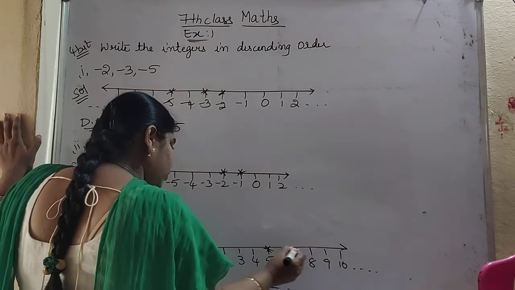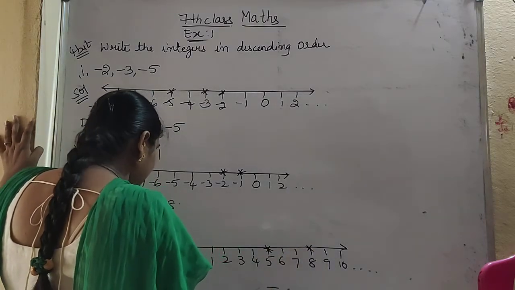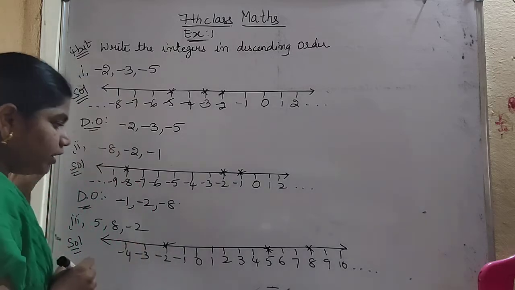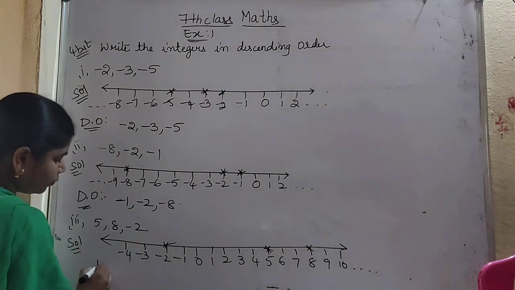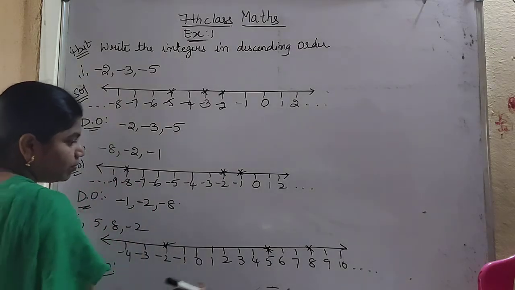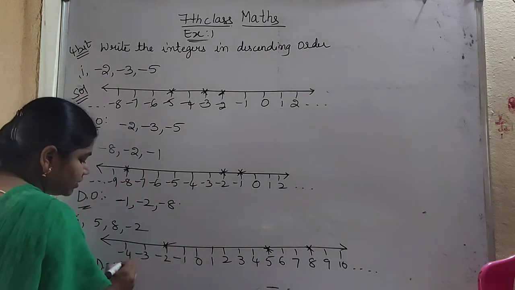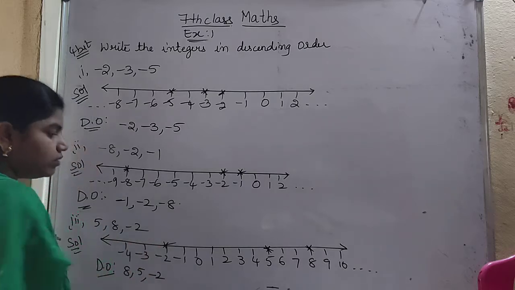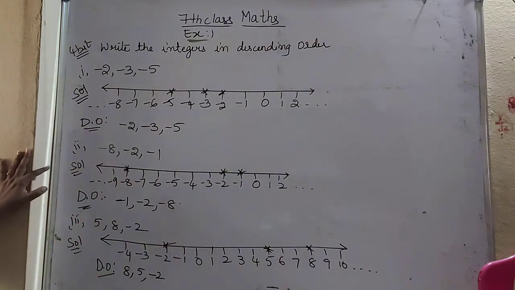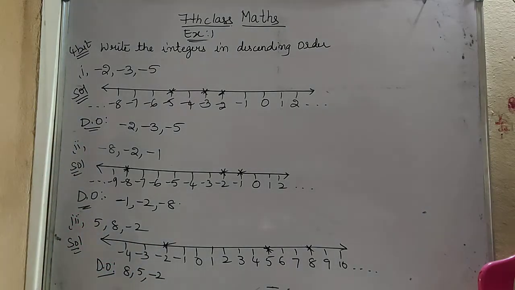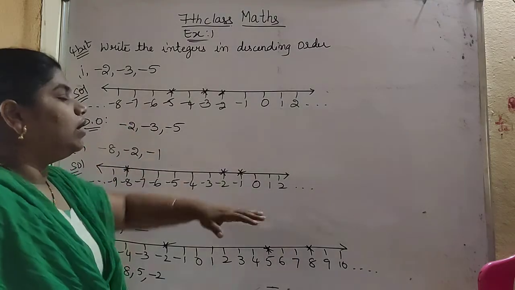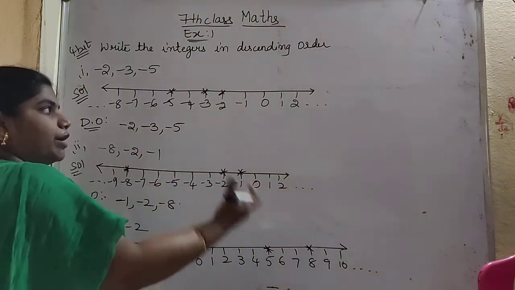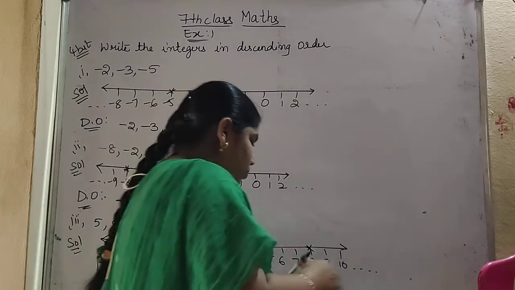Here 5, here 8, here -2. In which side do we have to arrange? We have to arrange in descending order, that is from right to left. So that is 8, 5, -2. So this is our descending order. This is how you will arrange the descending order. Ascending order we will arrange from left to right, and descending order we will arrange from right to left. So next bit we will start.